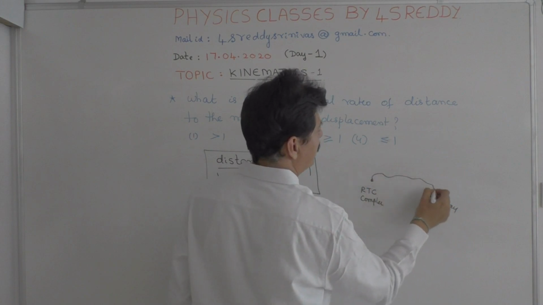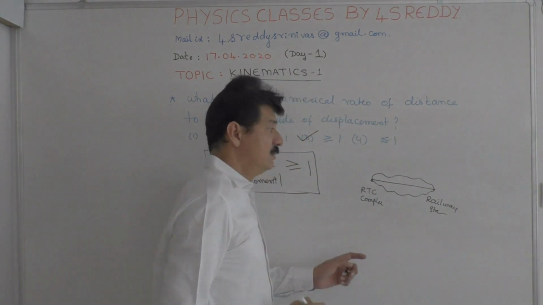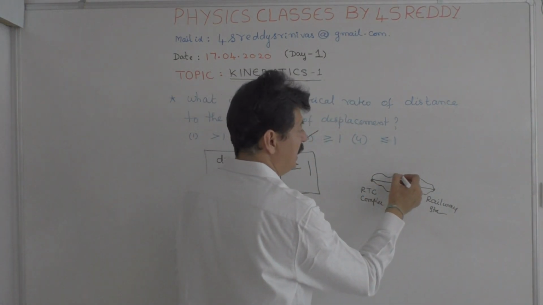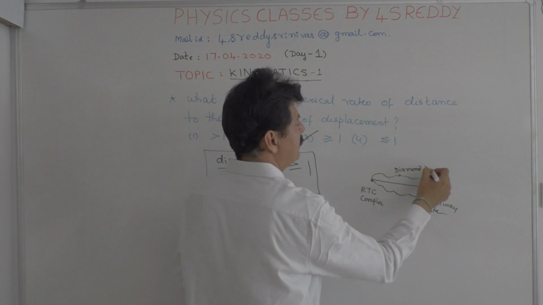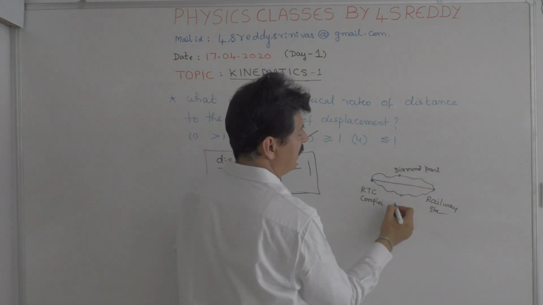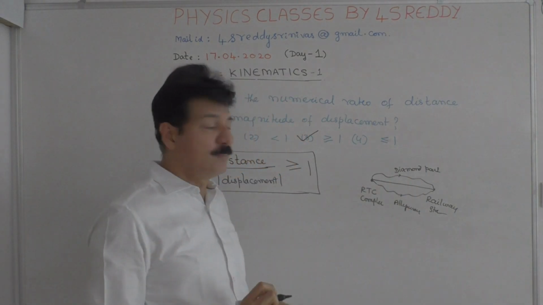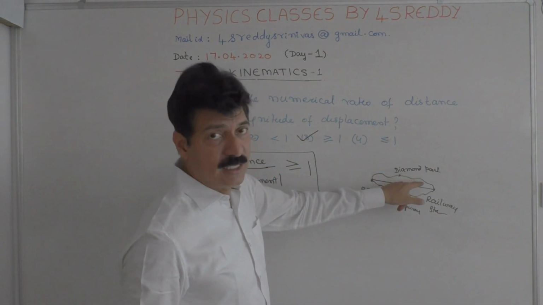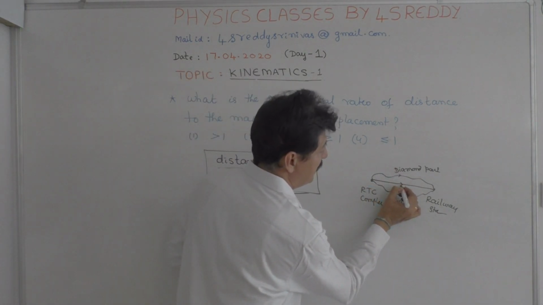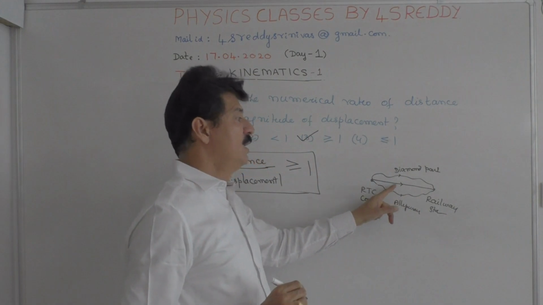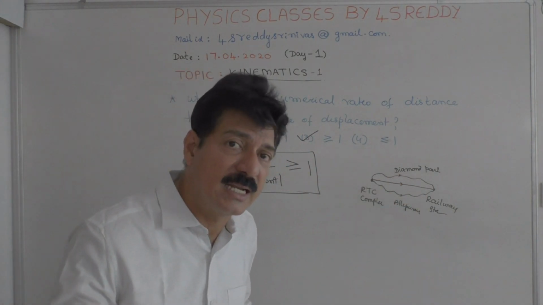There are different paths we have chosen, and this is the shortest path. If you take this path along the Diamond Park, or this one along Allipuram, or another straight path, this is distance. If you mention the shortest path, it is displacement. So this length is greater than this length, so the ratio is greater than 1.